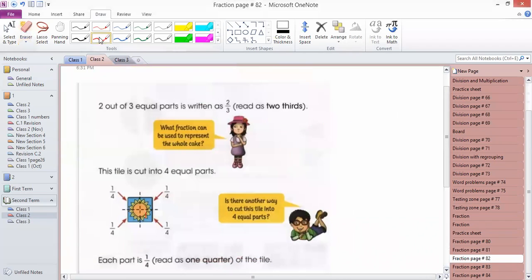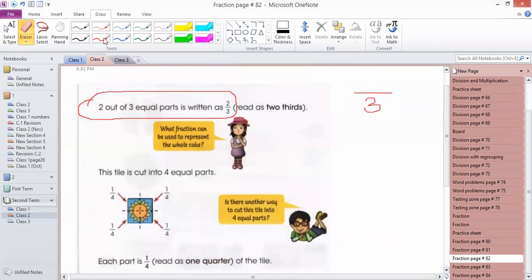Come to page number 82, guys. Look here. There are 2 out of 3 equal parts. You can write it as 2 parts out of a total of 3 parts. This is your numerator, so you will read it as cardinal, two.